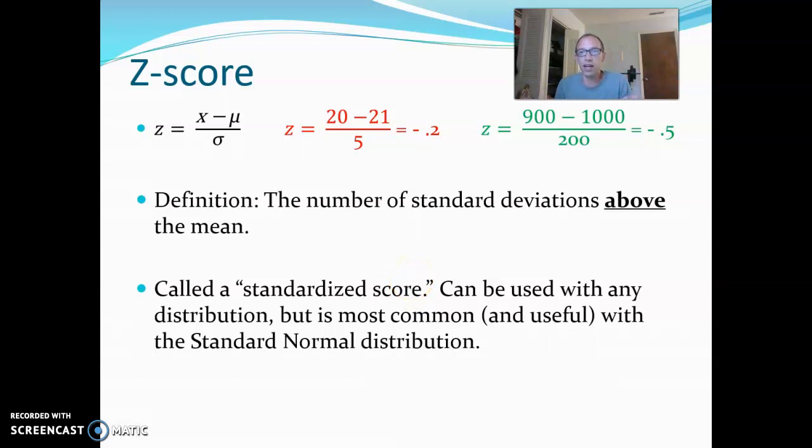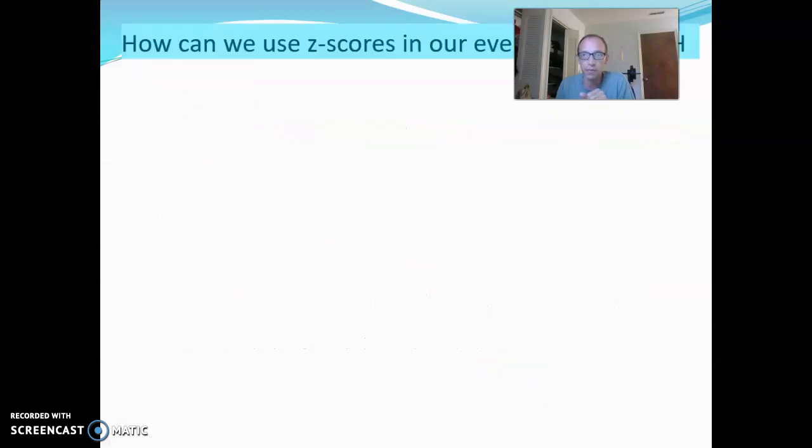So when you see a set of educational test scores or business scores or whatever the case, if it says standardized, this is typically what it means. You can do it with other distributions, but typically it's talking about the standard normal distribution. So again, that formula: you take the raw score itself, subtract the mean, and then divide by the standard deviation.